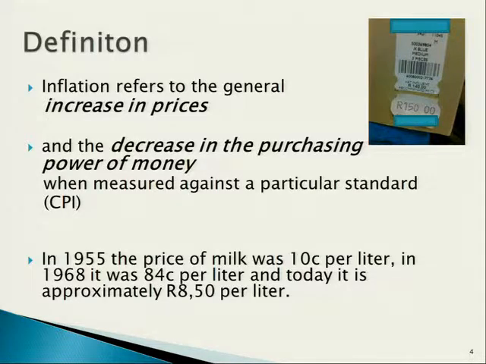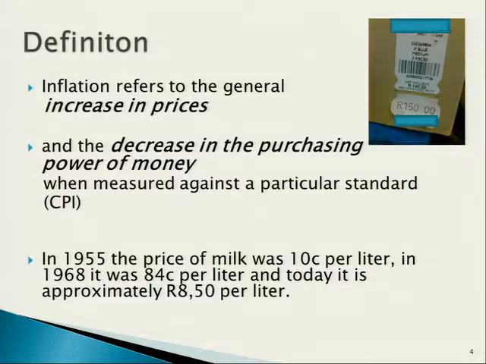Now, secondly, if I look at the definition, it says a decrease in the purchasing power of money. I just want you to look at that section first: decrease in the purchasing power of money. Now, I wonder how many of you can remember last year's value of your money.